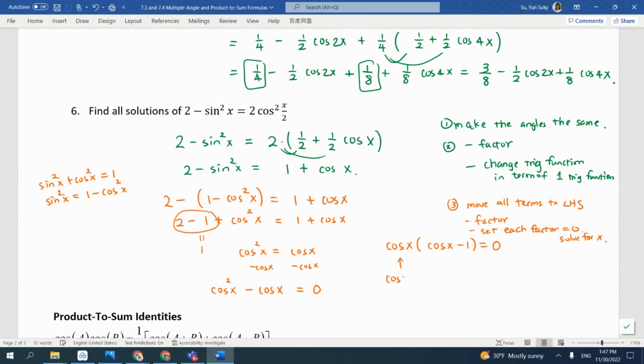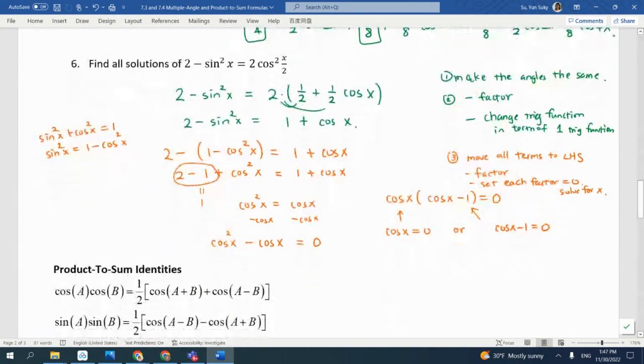So we get cosine x equal to 0, or cosine x minus 1 equal to 0. Right?